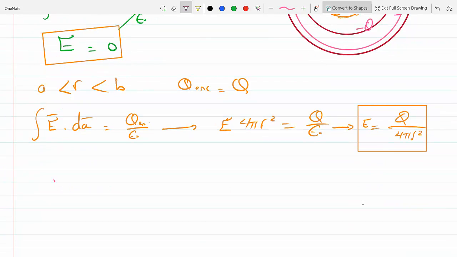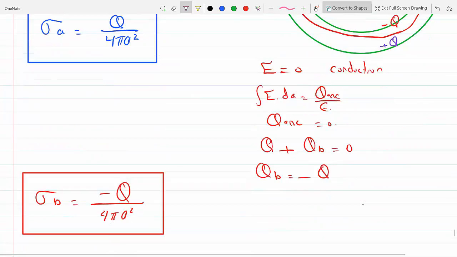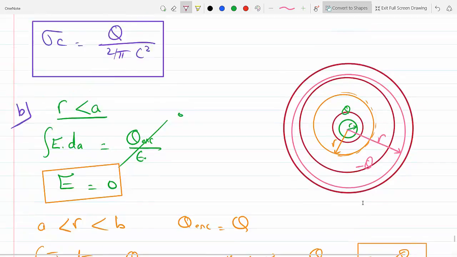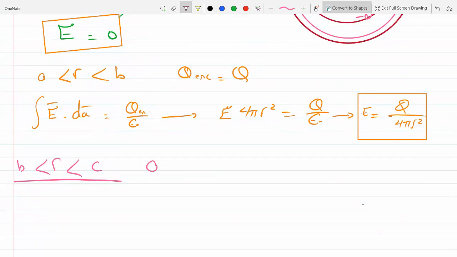So when R is between B and C, we know that Q enclosed is equal to Q minus Q, total charge, which is equal to 0, which makes E equal 0 there.